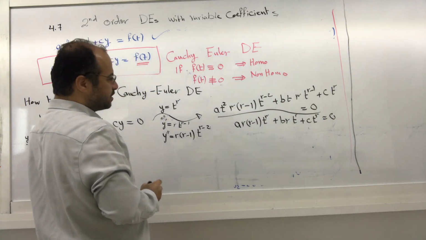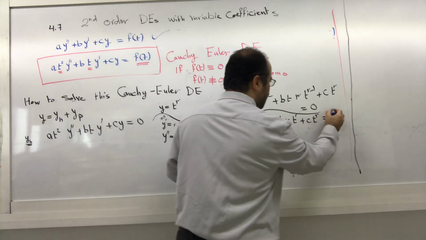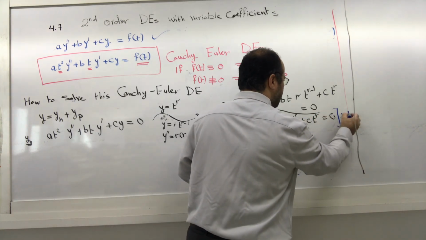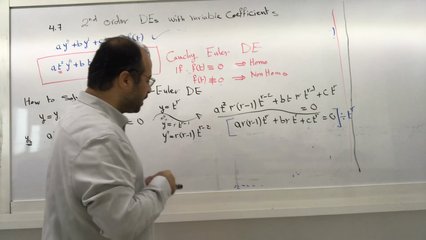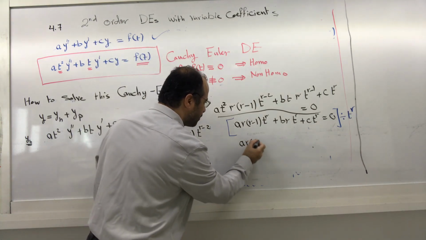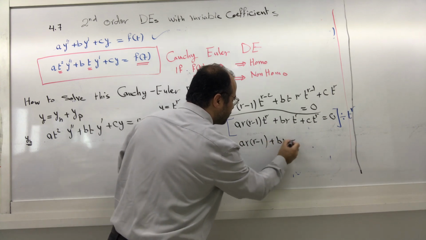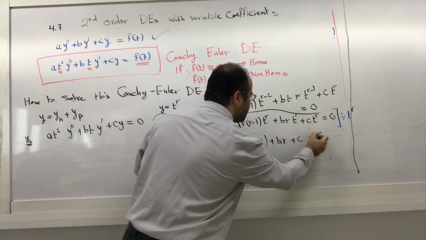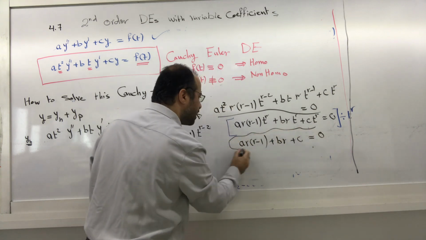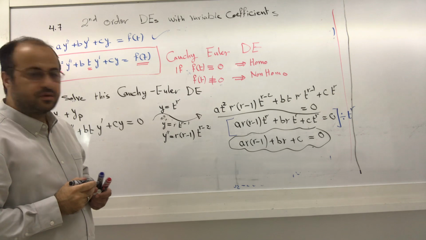Now what is next? I divide this equation over t^r, and I will have the following: a r(r-1) + b r + c = 0. So this is the second order algebraic equation that you are going to have.